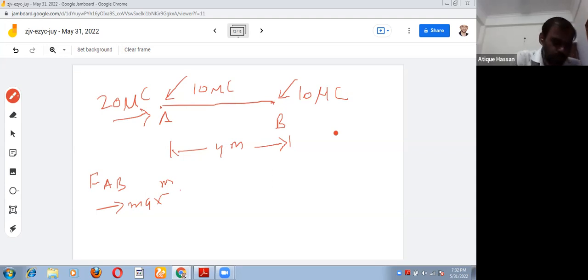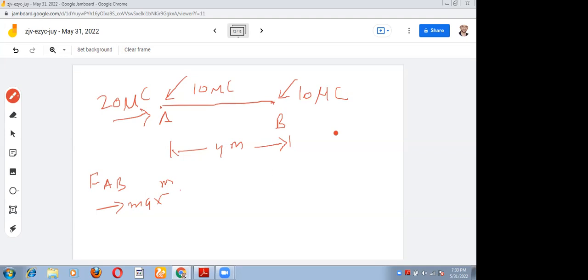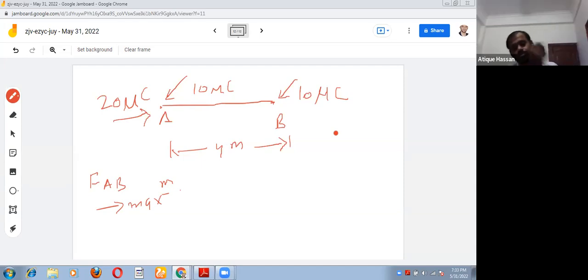Both of you know Coulomb's law, but here the difference comes in how to apply Coulomb's law. That is the thing. Got it or not? This is the way we apply Coulomb's law. We know the concept, we know what is Coulomb's law, we know the quantization of charge. But how to solve, how to apply these concepts in the question, that matters.